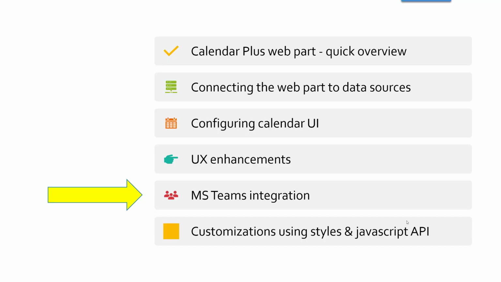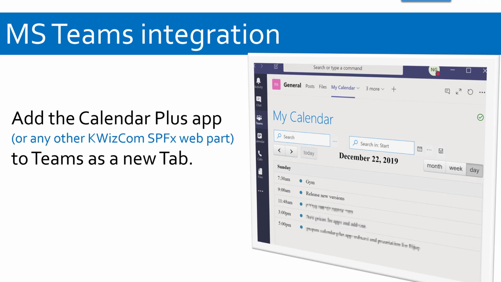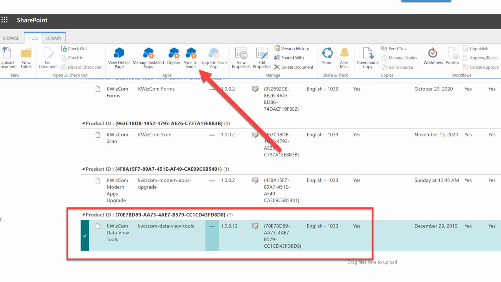Next thing I want to show you is how you can integrate your calendar web part in Teams environment. As I mentioned at the beginning of the session, the calendar web part is part of the QuizCom DataView Plus package. So once you install the package on your tenant app catalog, you need to sync it with Teams.